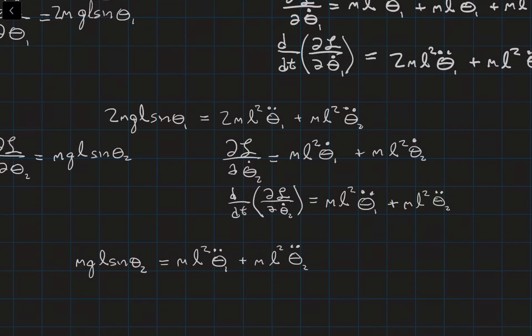And then our other equation, I'll just rewrite it here. 2mgL sine theta 1 is equal to 2mL squared theta 1 double dot plus mL squared theta 2 double dot.